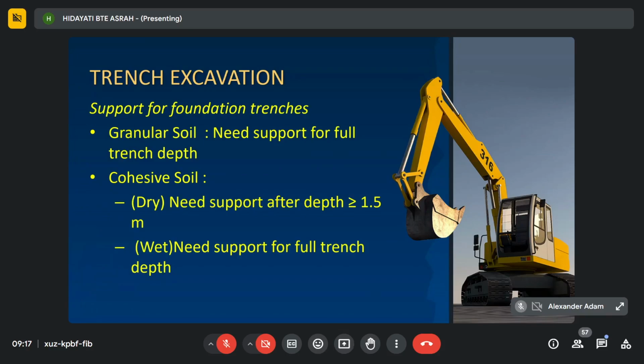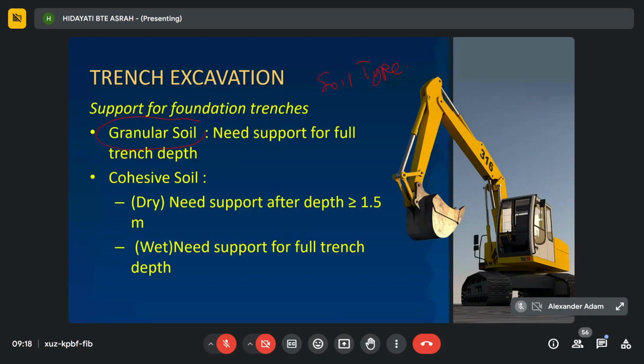For example, granular soil. What is granular soil? Granular soil is soil that has granule particles, smaller particles, so it will not be cohesive; it will not bind with each other.